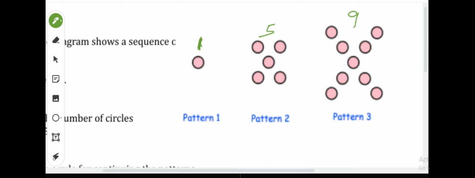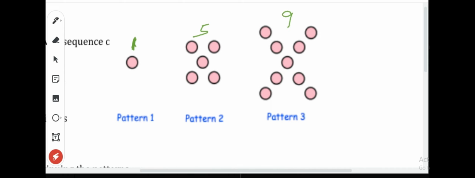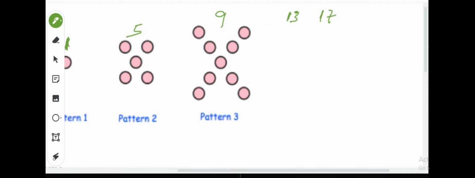We can already see the term to term rule, plus 4, plus 4. So the next one will be plus 4, which will be 13. The next one plus 4 again, that will be 17. Plus 4 again, that will be 21.